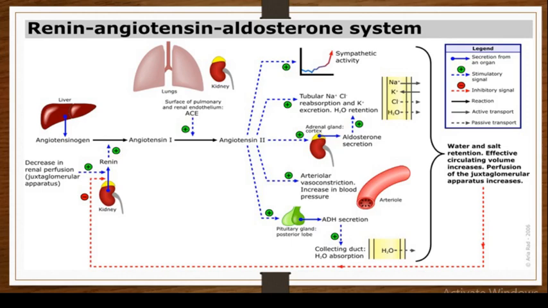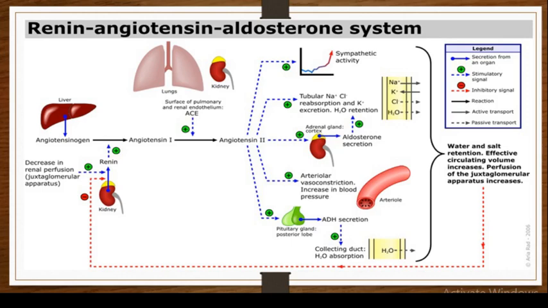And once blood supply to the juxtaglomerular apparatus increases, there is a negative feedback mechanism which signals the juxtaglomerular apparatus to stop releasing further renin. And so renin is no more released due to this negative feedback mechanism. So this is the system which controls blood pressure in our body.